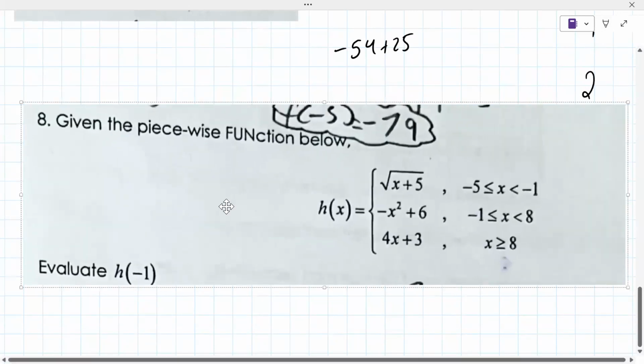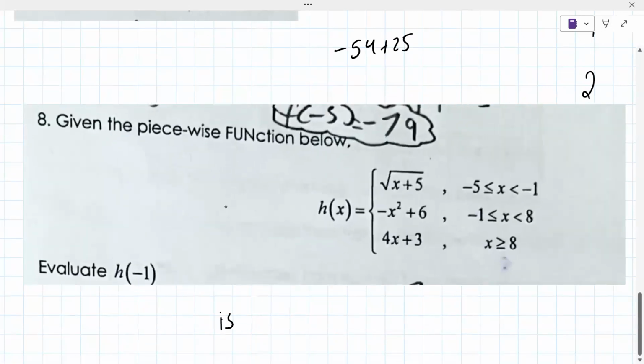So with -1, you're asking the question, is -5 less than or equal to x less than -1? Does it fall in this window? No, because it's not less than; it's not there. If it were less than or equal to, then it would be.